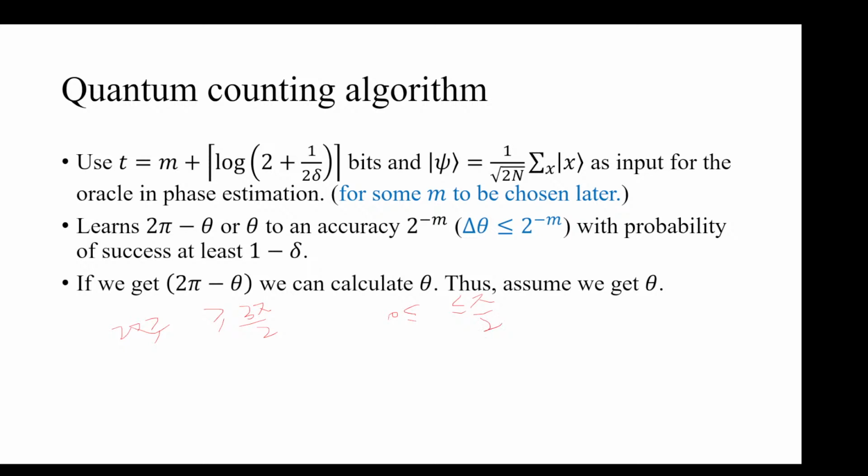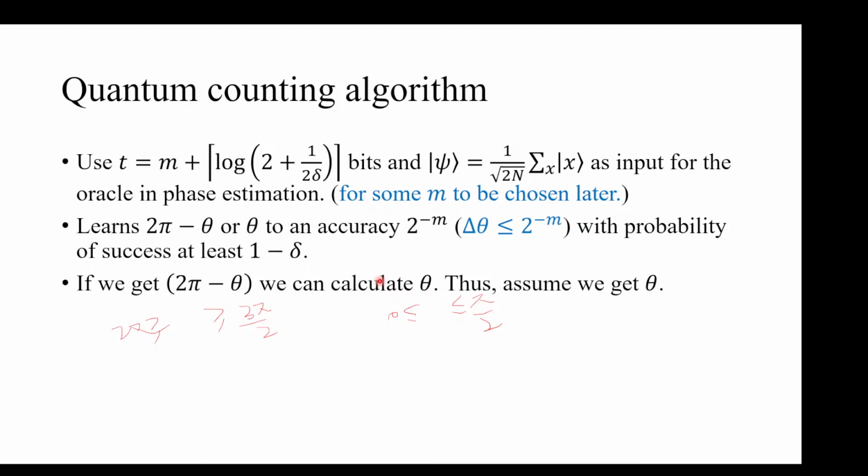So we can clearly see which one we are getting, and if you see something like this, you just take 2 pi minus this thing. And so we can assume that we just get this eigenvalue theta.